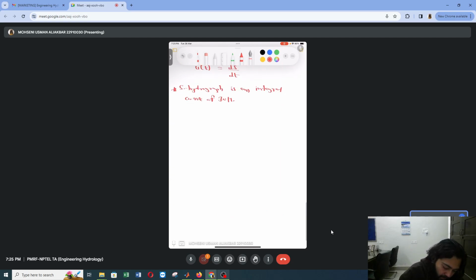Similarly, we can derive the relationship between instantaneous unit hydrograph and unit hydrograph, right? How we can derive this is by taking the integration from time t1 to t2, right? So we can say that S2 minus S1 will be equal to the integral from t1 to t2 of u of t dt, right?